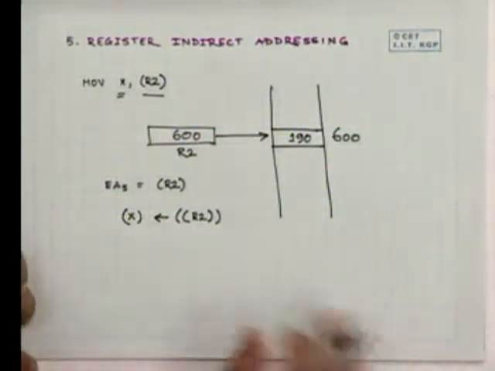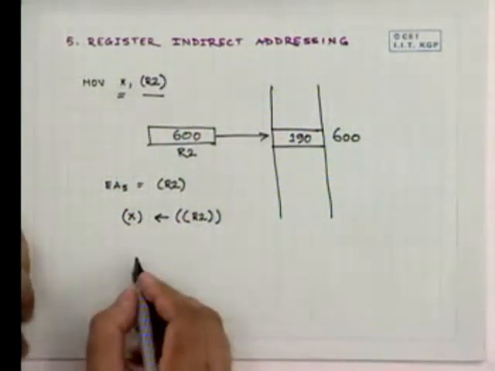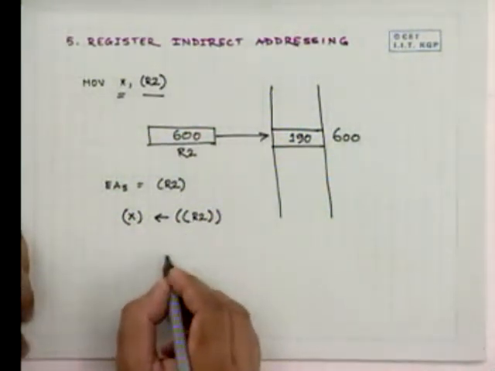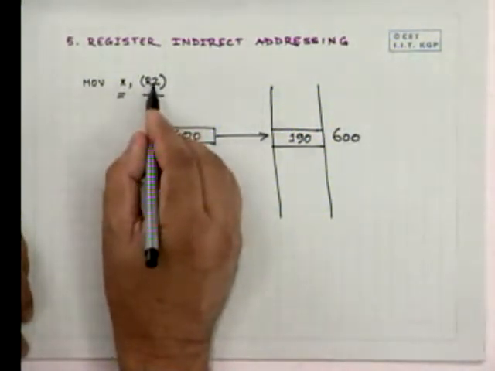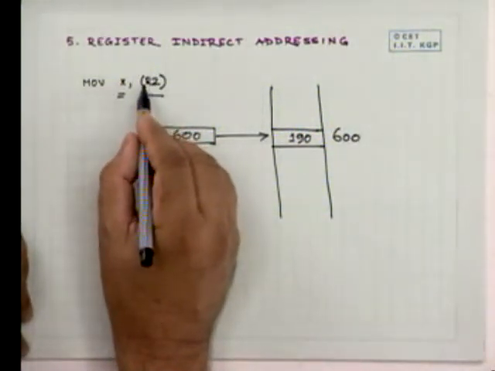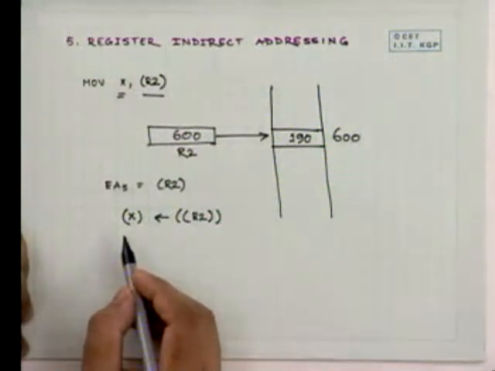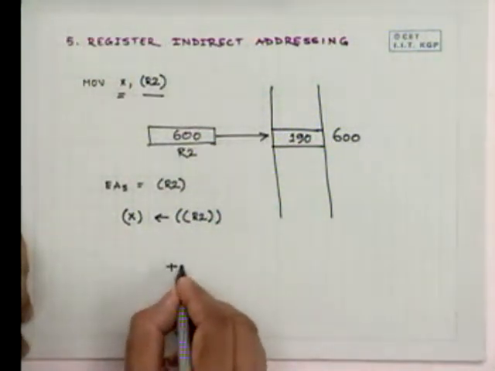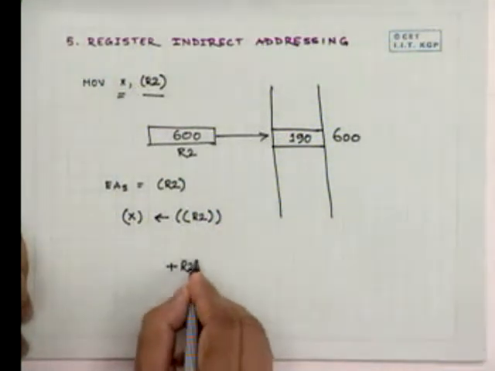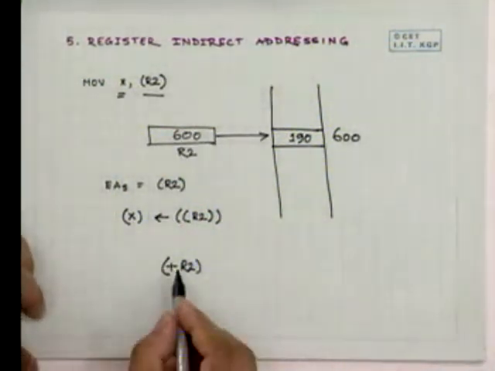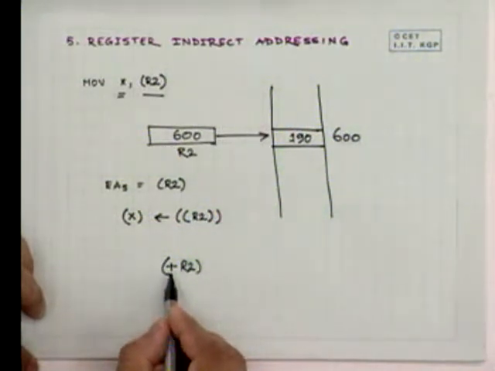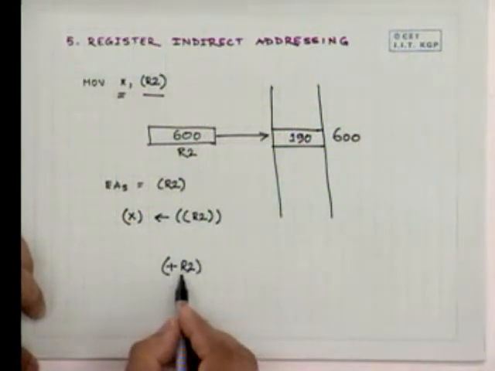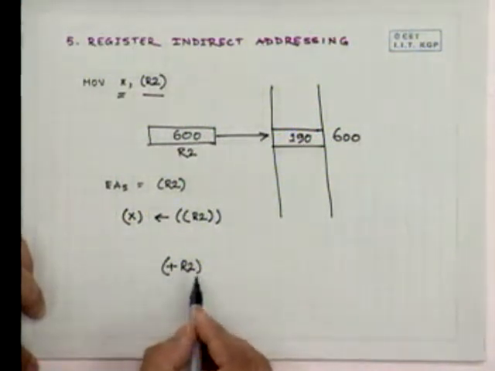Now, what can be done here is that in this register indirect addressing, the register specified can be pre-incremented or post-decremented. For example, if we say plus R2, then it means increment the content of the register R2 first by a specified amount, say 2, and then take its content as the address of the operand.